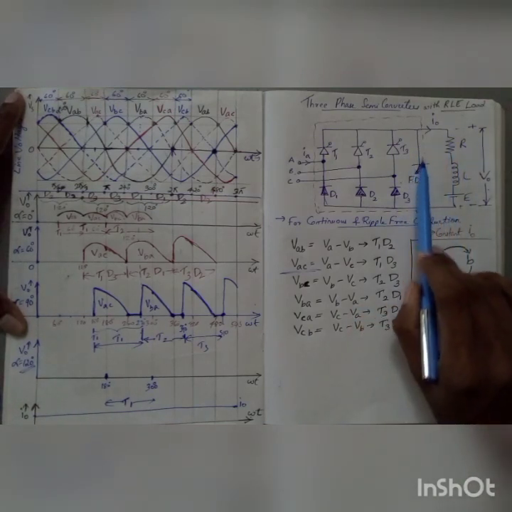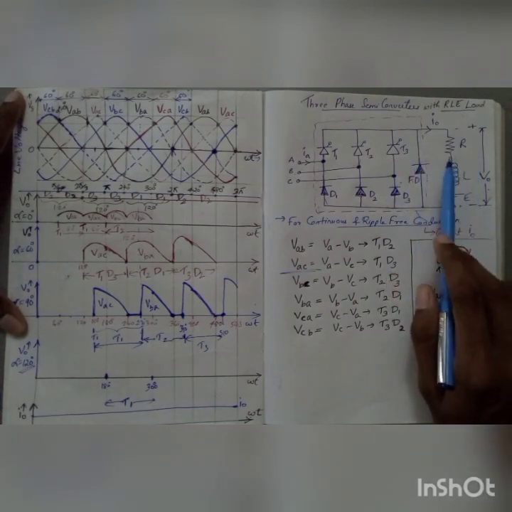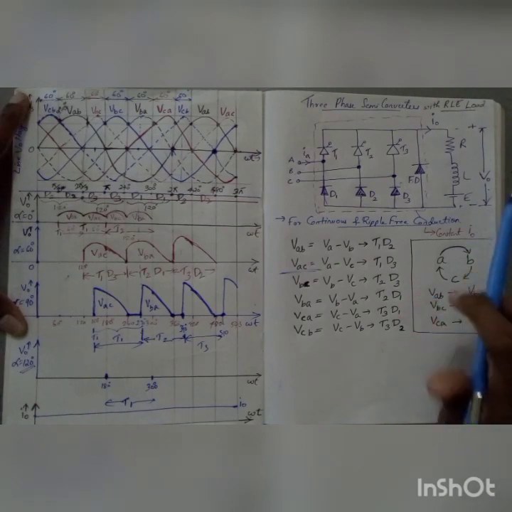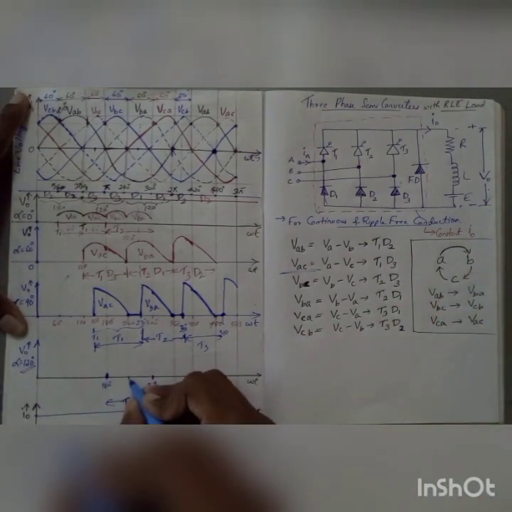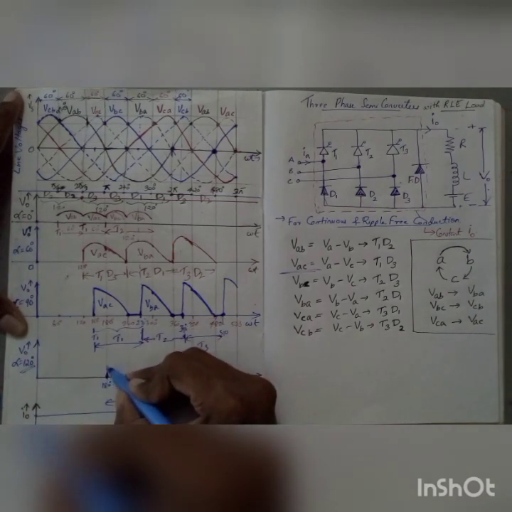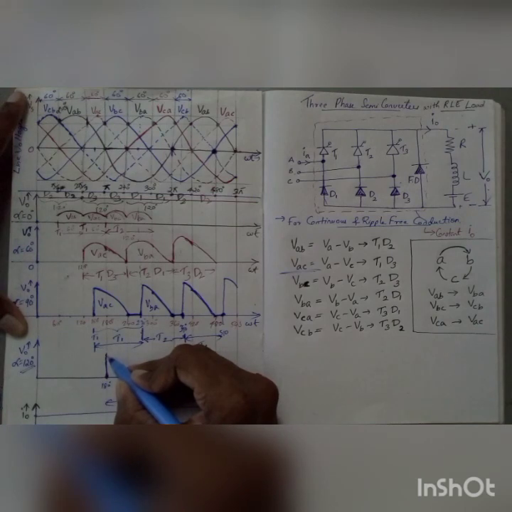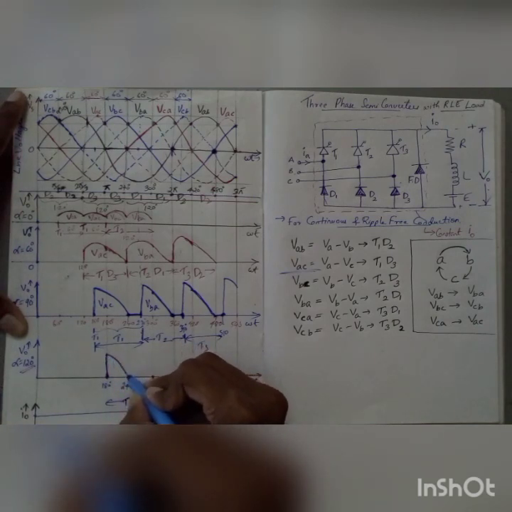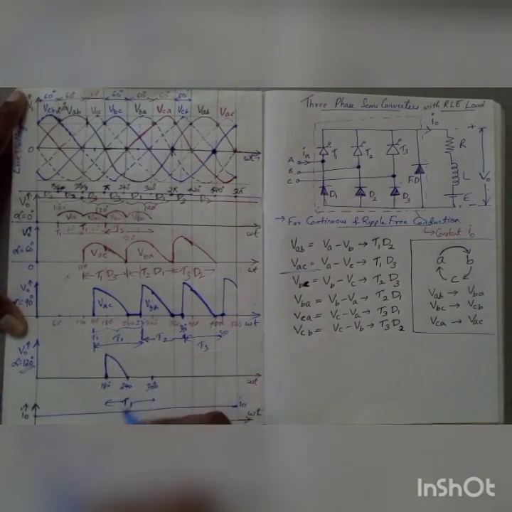The voltage across the freewheeling diode is 0, so V naught will be equal to 0 from 240 onwards. VAC becomes 0 at 240 degree, so from 240 degree up to 300, my V naught will be 0.